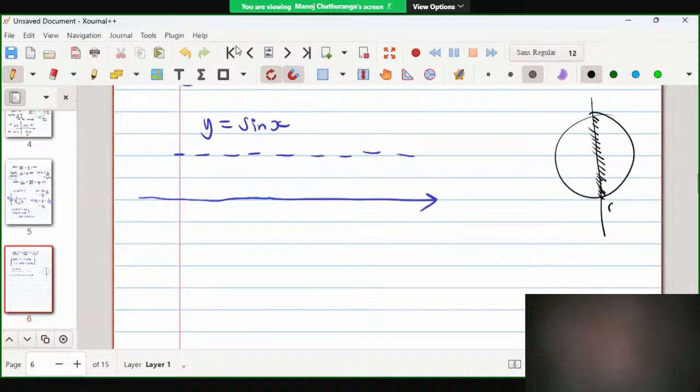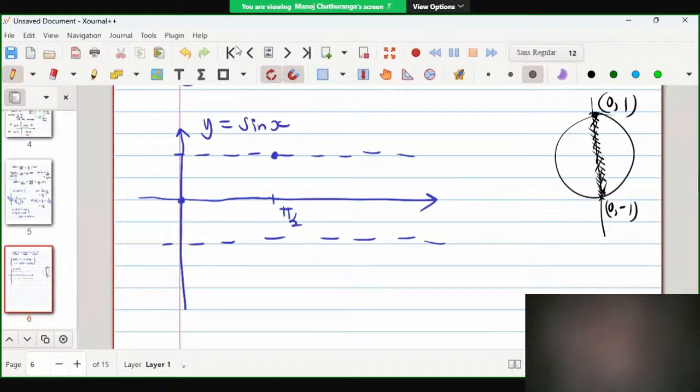The bottom point is 0, -1, and the top point is 0, 1. As a result, sine values are always between 1 and -1. When x is 0, sine theta is 0. When x is pi by 2, sine theta is 1.